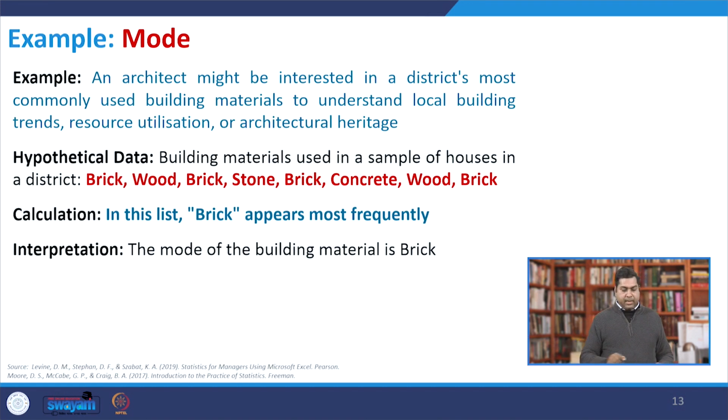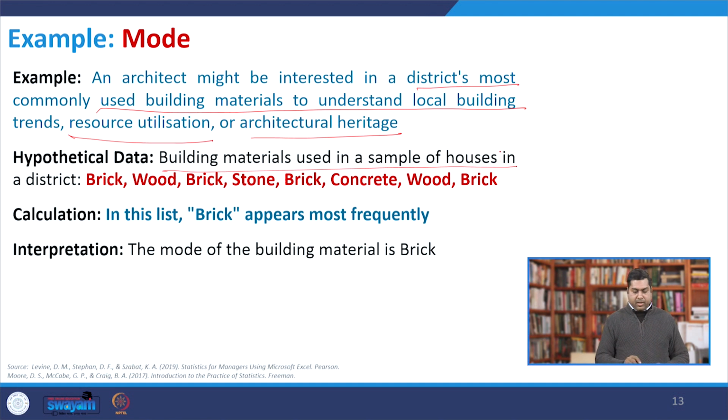Example: an architect might be interested in a district's most commonly used building materials to understand local building trends, resource utilization and architectural heritage. The building materials used in a sample of houses are brick, wood, brick, stone, brick, concrete, wood, brick.